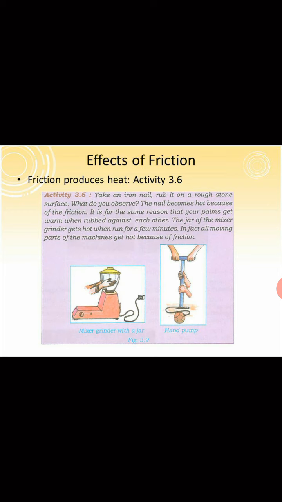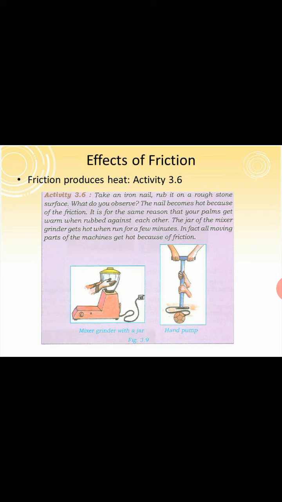Why does it become warm? Because the blade inside the grinder was in contact with the food item being ground. They were in contact with each other, friction was created, and because of this friction, heat was produced.